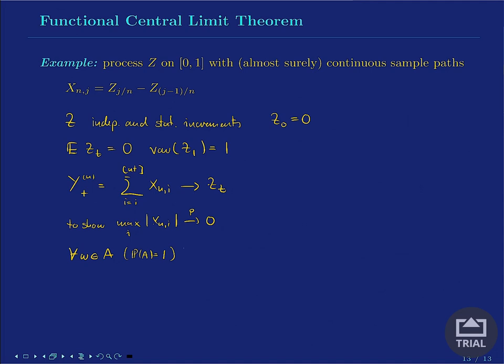Then by continuity, for all epsilon larger than 0, there exists a delta that depends on the outcome and on the epsilon that we choose, such that if the time points are less than delta(omega, epsilon) away, then the values of the process for that outcome omega at times t and s are less than epsilon away.